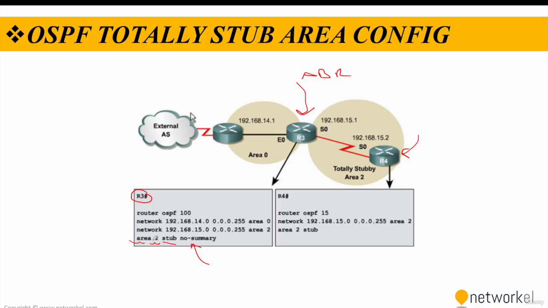So it will be area 2 stub no-summary on my ABR. But on my router 4, I am still doing the area 2 stub configuration. That is it. That is the difference compared with the stub area and totally stub area. Pay attention that the ABR configuration differs, but the configuration for router 4 remains the same for the totally stub area as well as the stub area configurations.